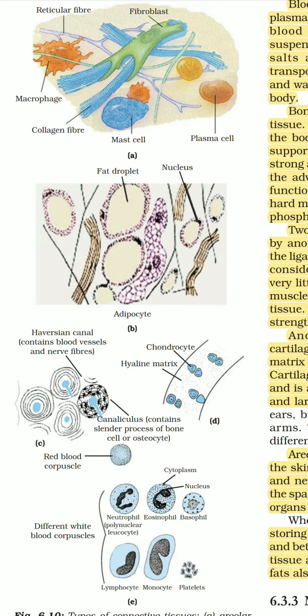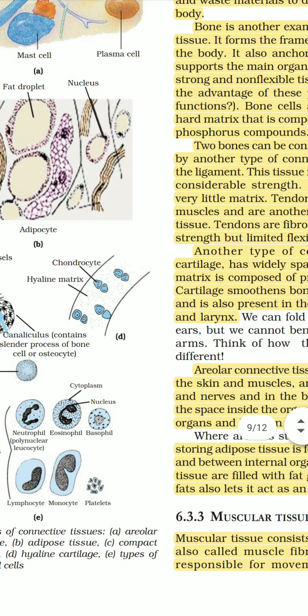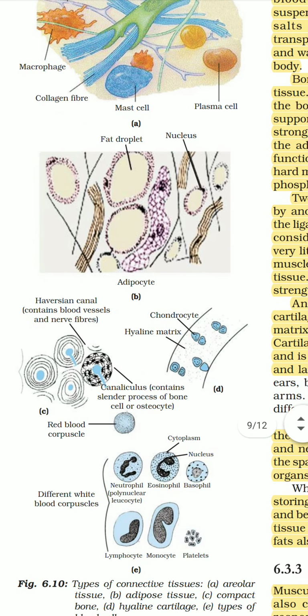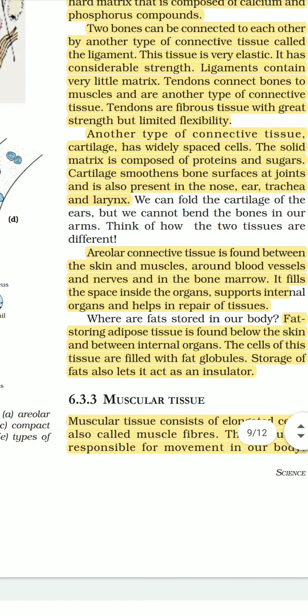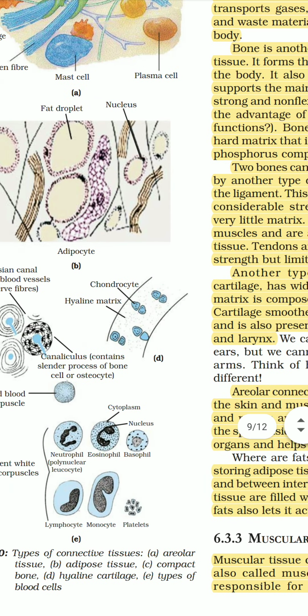Now, what is its function? The cells of these tissues are filled with fat globules, so they help in the storage of fat and also act as an insulator. That means whatever the environment, it insulates the temperature of your body. It does not allow the heat to escape from your body.